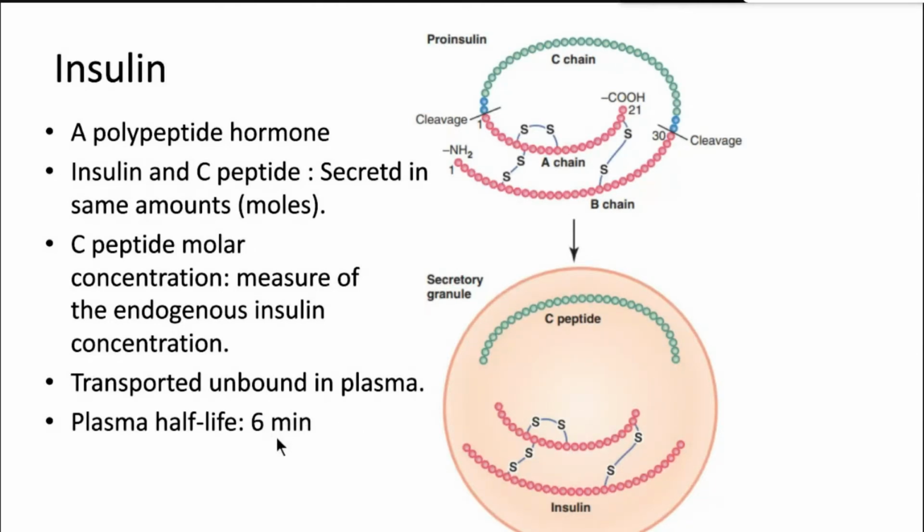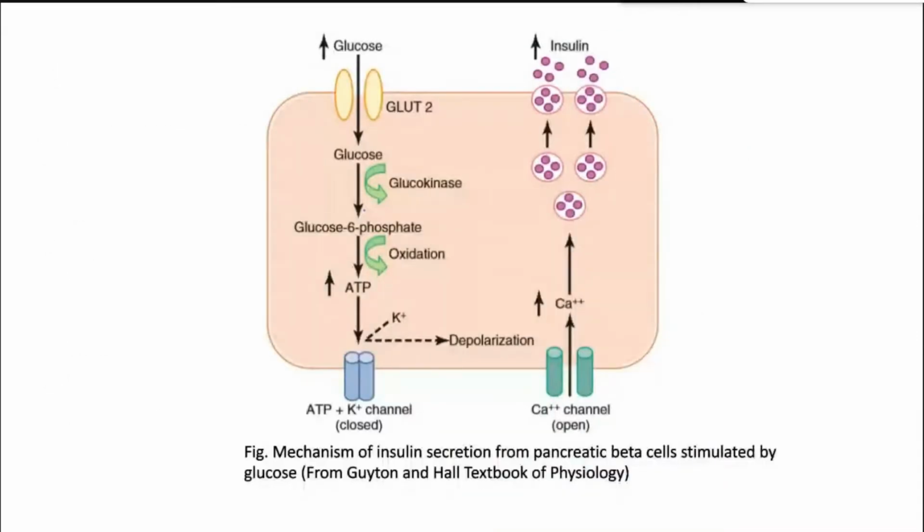See the difference. If we inject insulin and its plasma half-life is only 6 minutes, therefore we do not expect its activity to be longer lasting. Here I'm talking about natural insulin, and there are different preparations that can prolong their stay in the plasma. Now, how is insulin secreted?